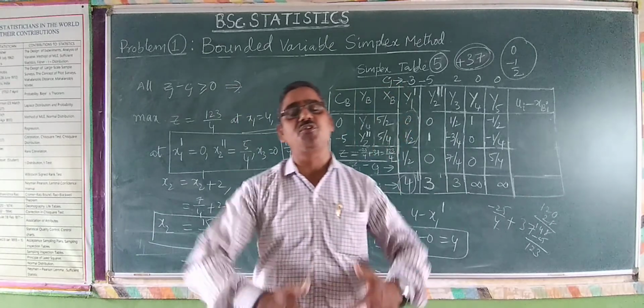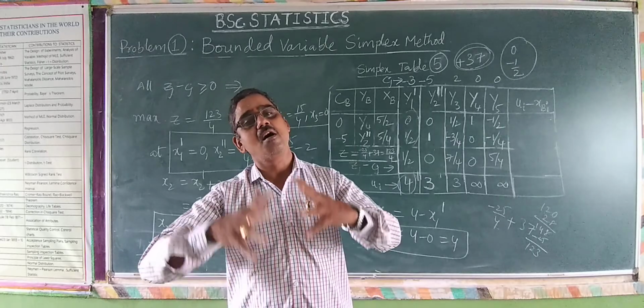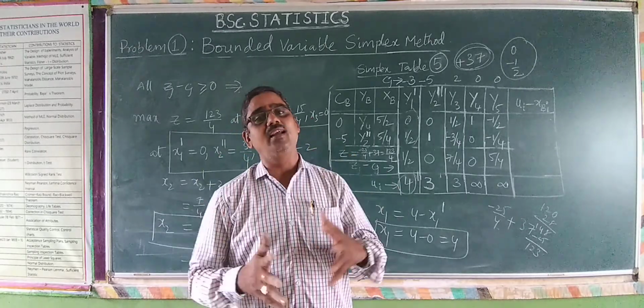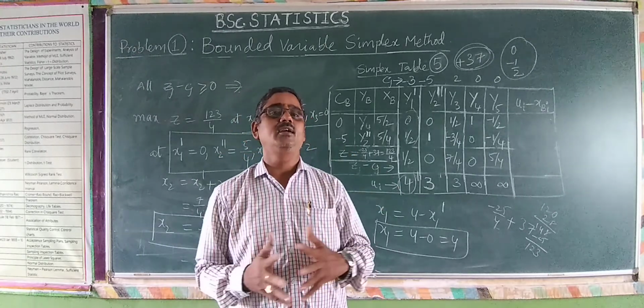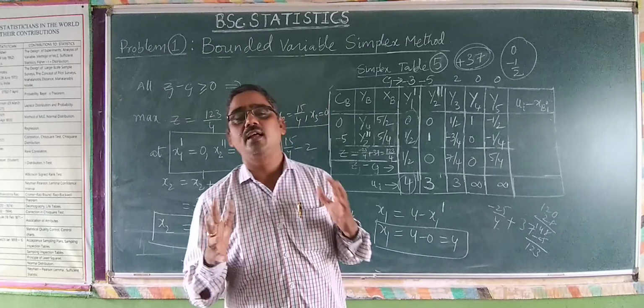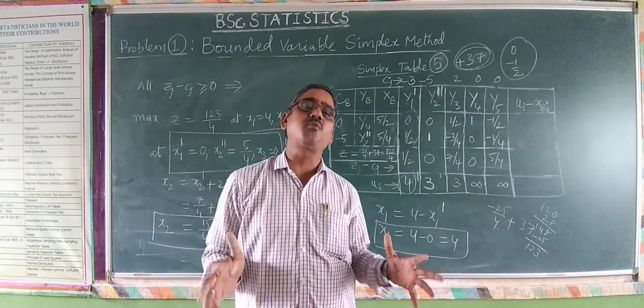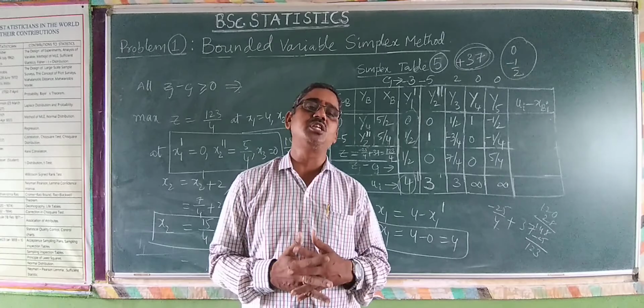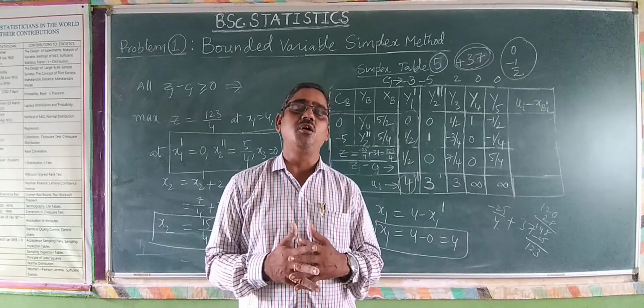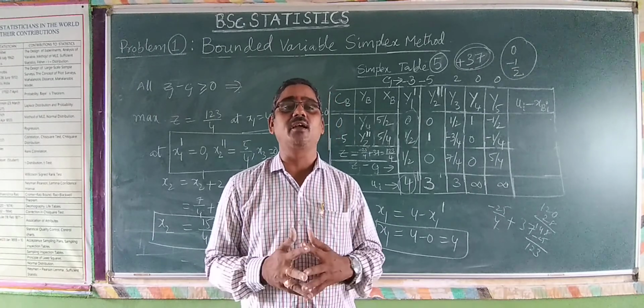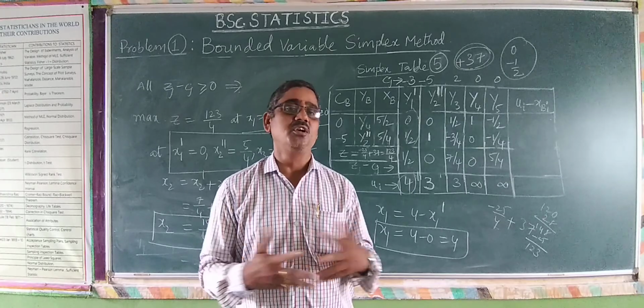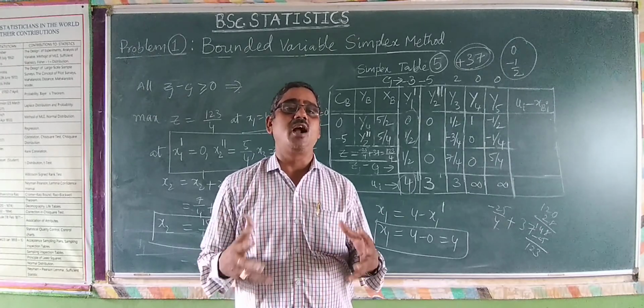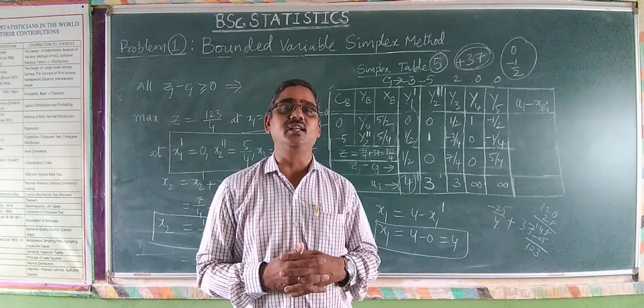If you study the three cases clearly and thoroughly, then definitely it is not a difficult problem, and you can do the problem. This is the procedure of the bounded variable simplex technique. Hope you understand and can do the problem very easily. Thank you.